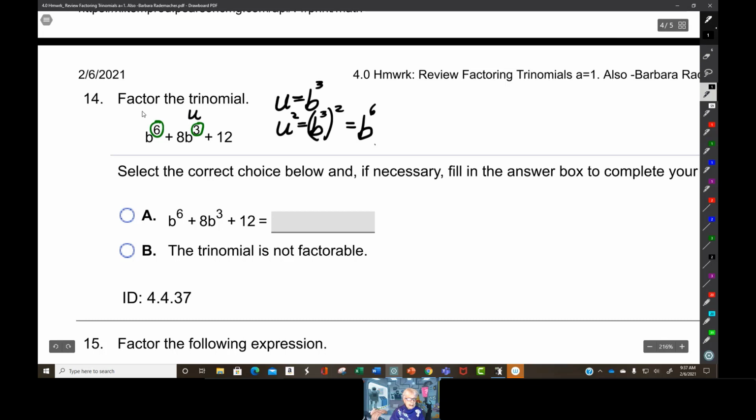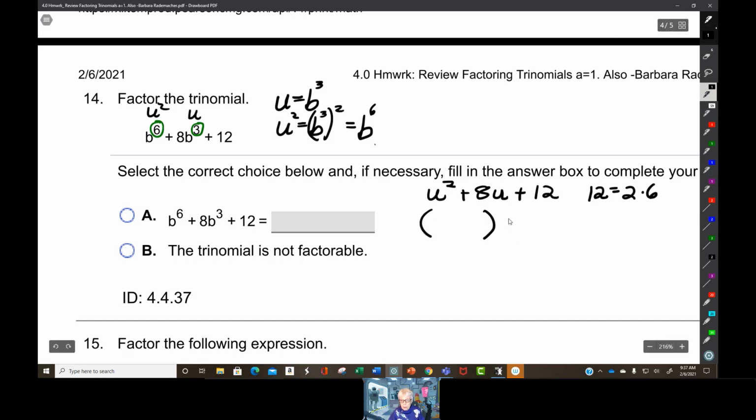Okay, so what I learned from doing this is that I can let b to the third equal u and b to the sixth equal u squared, and I can rewrite this as u squared plus 8u plus 12. And I'm going to factor 12 into two numbers that add up to 8, but I already know what it is. 2 times 6. 2 times 6 is 12. 2 plus 6 is 8.